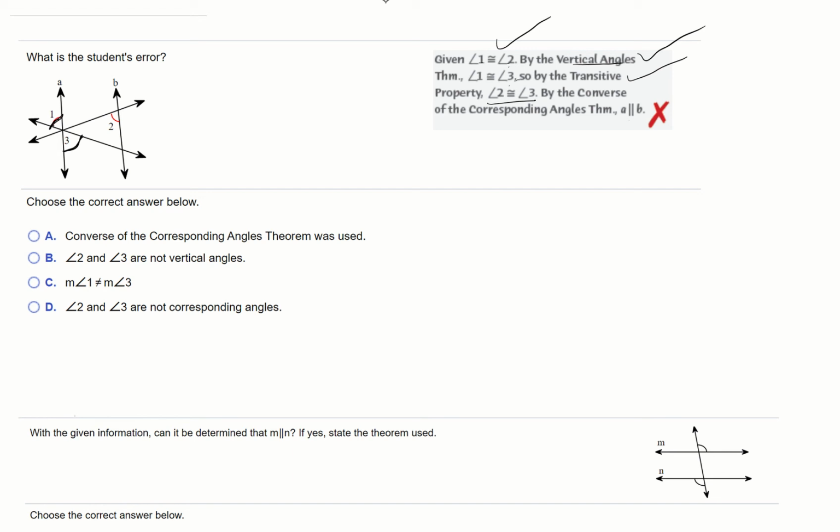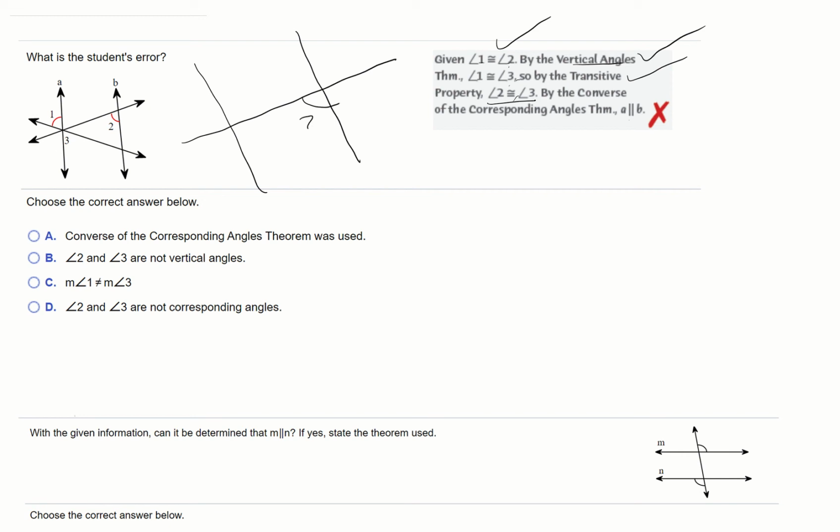And so they're saying that angle 2 and angle 3 are corresponding angles. So if you look at angle 2 and angle 3, are they corresponding angles? Well, corresponding angles, remember, would be, for example, if you had two parallel lines with a transversal, and I purposely drew it so it looks similar to this diagram.